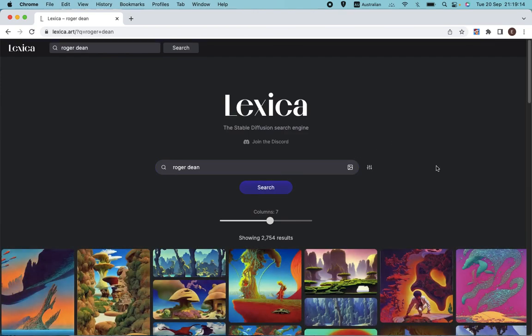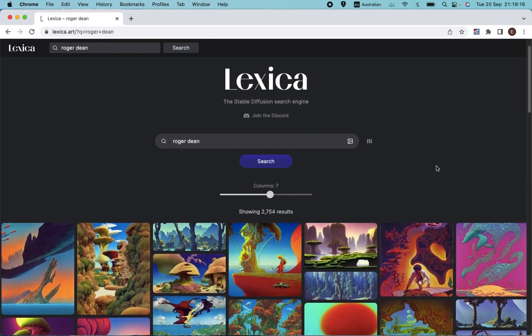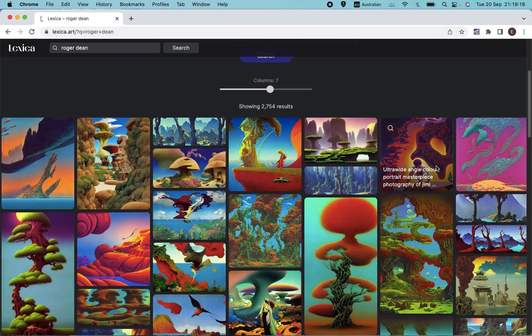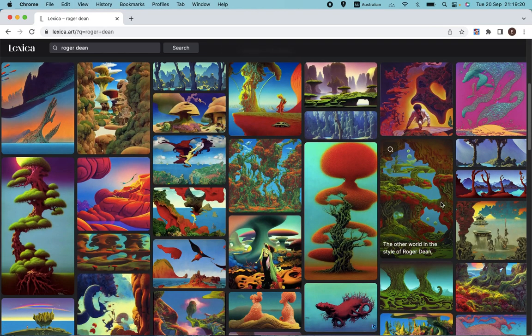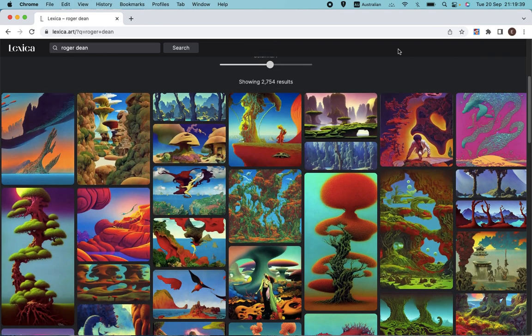Now, Roger Dean was an illustrator or artist who is best known for doing a lot of record covers, as in LP covers and inserts, particularly perhaps in the 70s and particularly associated with prog rock or progressive rock.